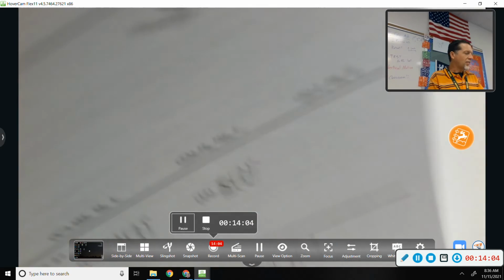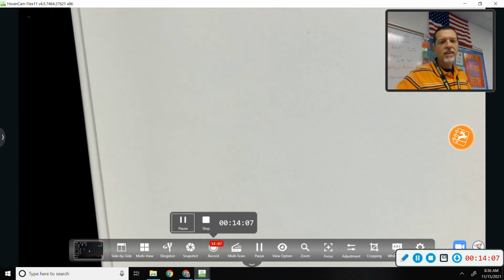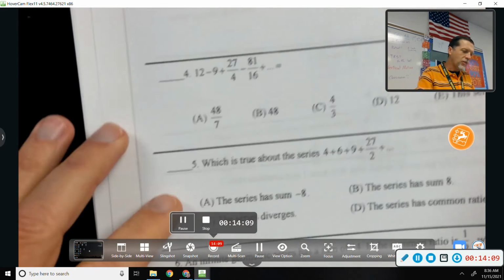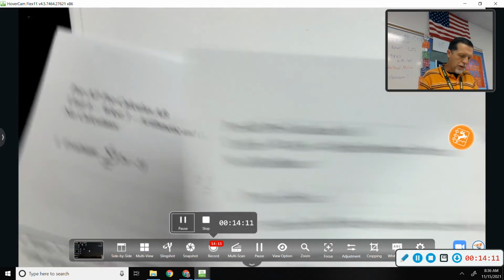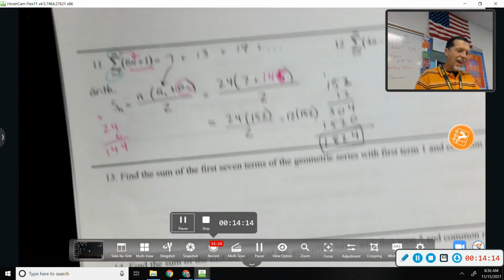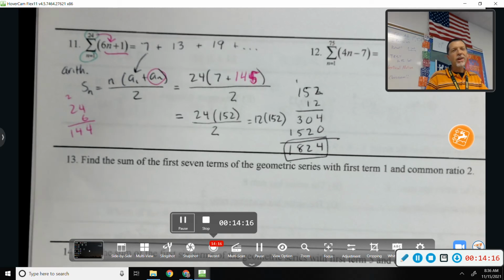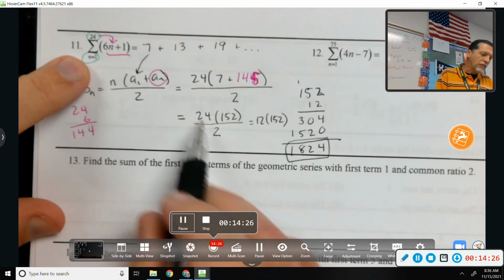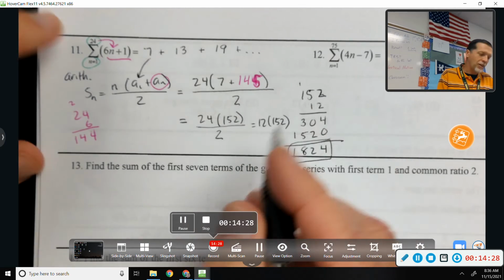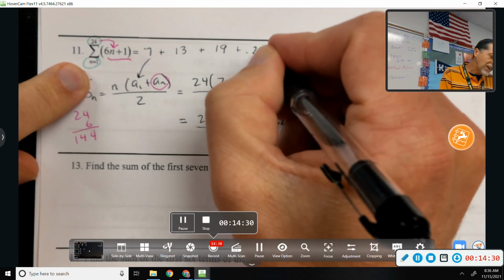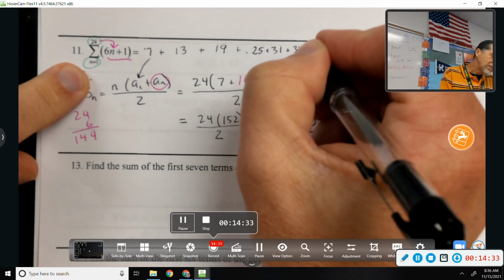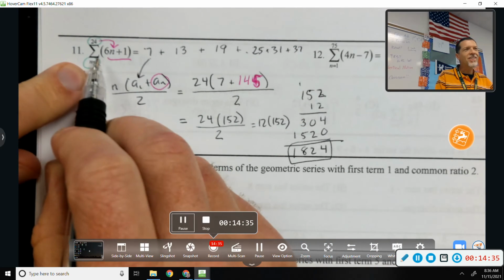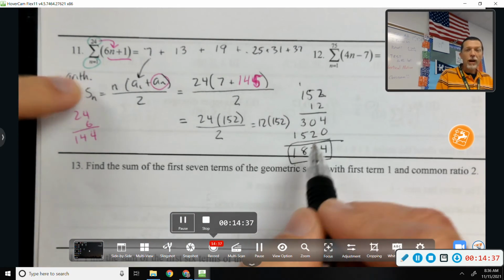All right, the answer is 1824. One other comment about that 1824. I hope no one has to do this, but every year there's like one person among all my classes of pre-cal who forgets the formula, or maybe they're just checking, and they'll add 6 every time, and write it out 24 times, and then they'll add them up, and they'll get 1824.